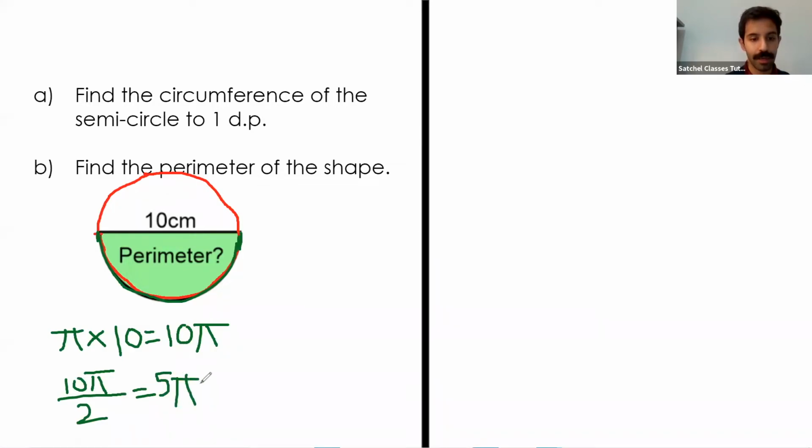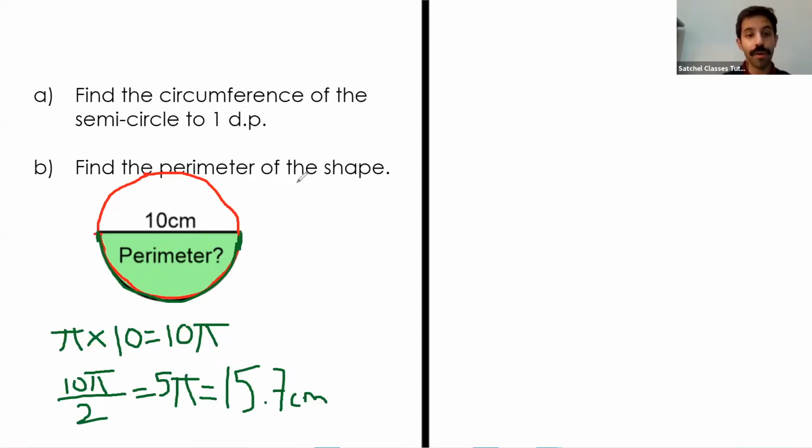And 5 pi, if you type that in your calculators, as I will do, 5 shift pi, that would give us 15.7 to 1 decimal place. So that would be 15.7 centimeters. So that would answer the first question, the circumference of the semicircle.